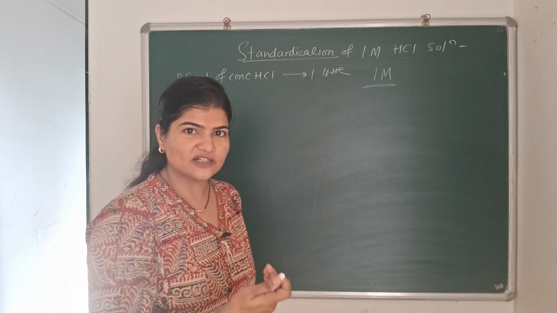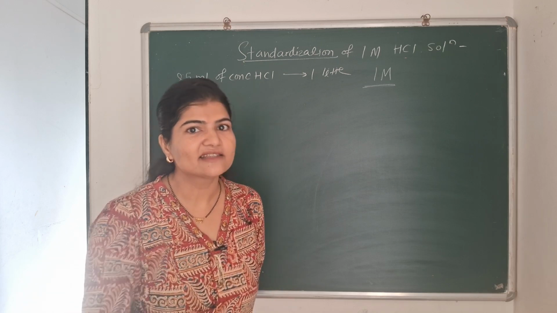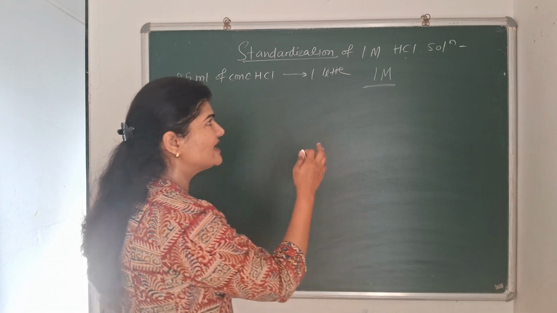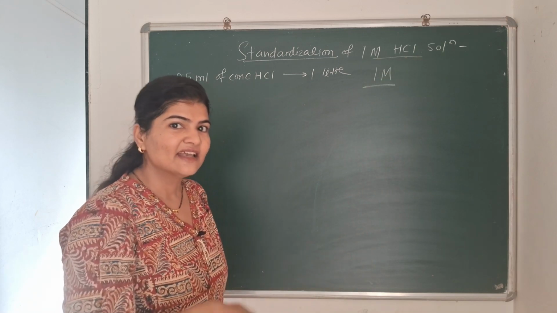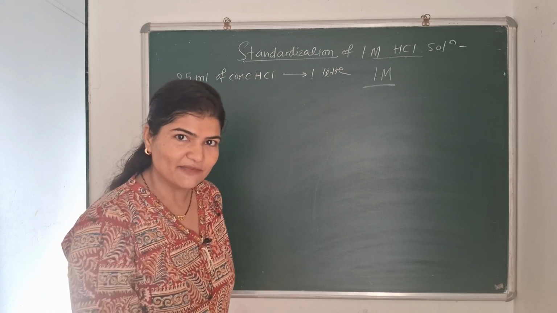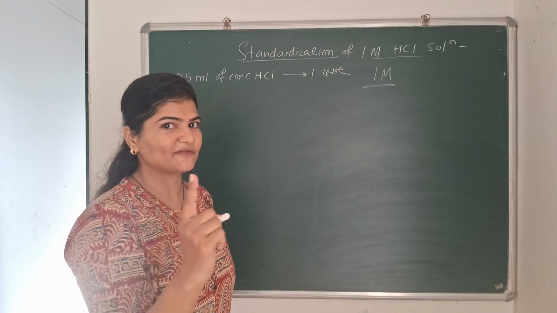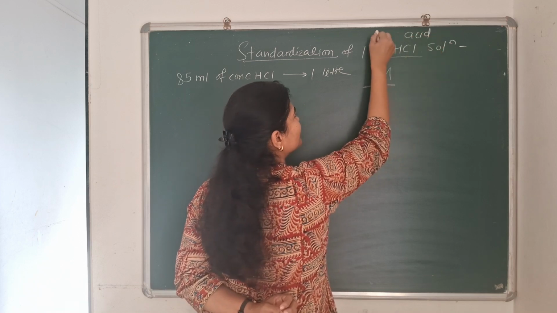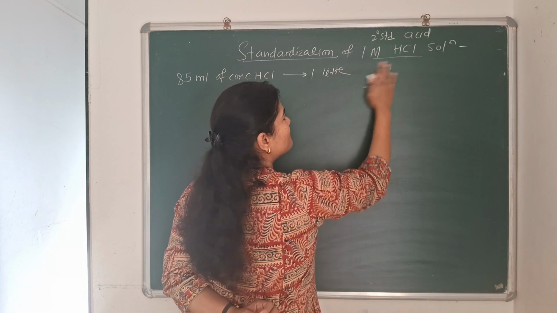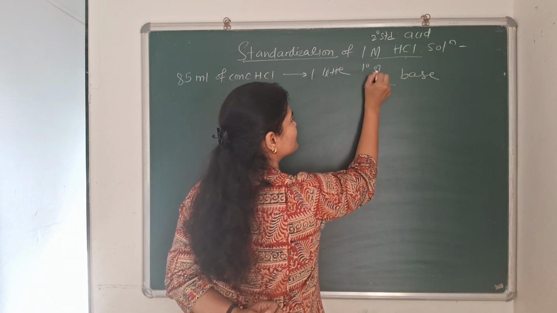For standardization, I am choosing volumetric analysis, meaning titration. For titration, since it is an acid, I will need a base so that I can go for an acid-base titration. And that base has to be a primary standard substance. As my acid is a secondary standard substance, the base I'll be choosing has to be a primary standard substance.